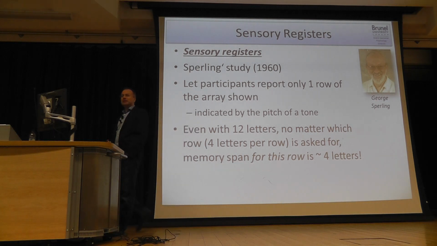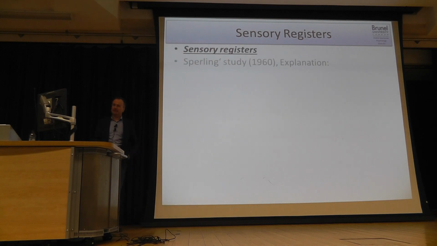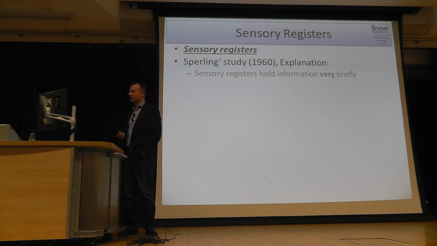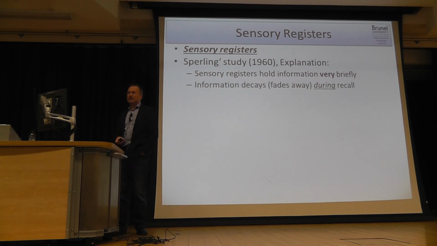So how can that be? The explanation for that lies in the very brief duration of these sensory memory stores. In the sensory registers, information is extremely brief, and the information starts to fade away during recall.